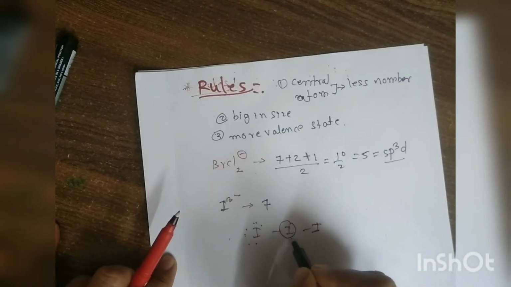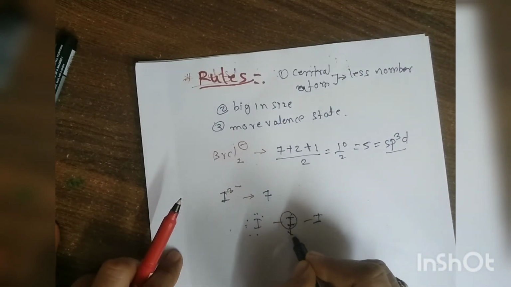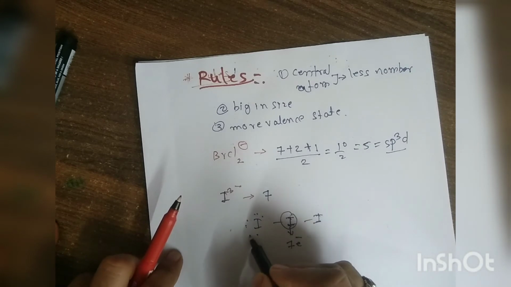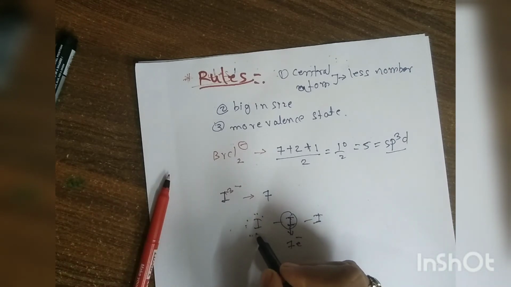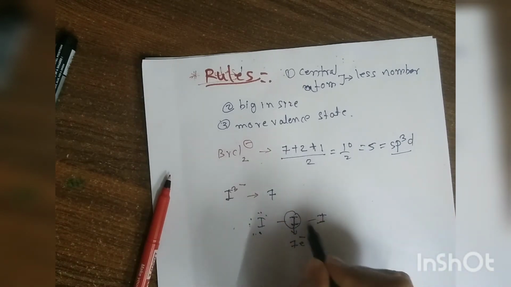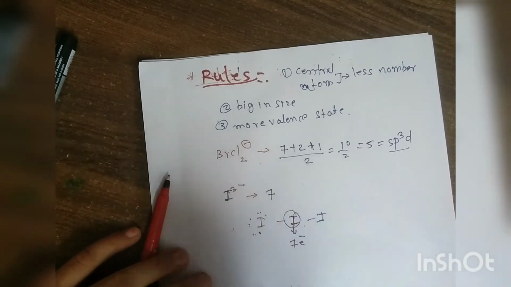If we consider the central atom iodine, which has 7 electrons in its valence shell, and this first I and the second I form 2.